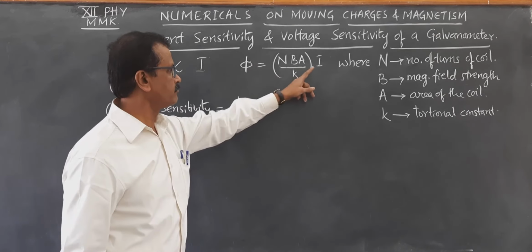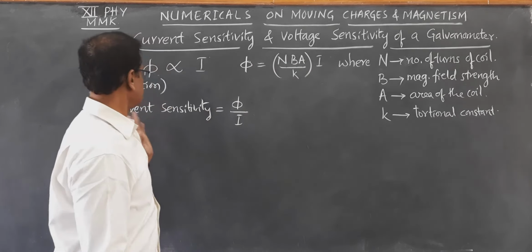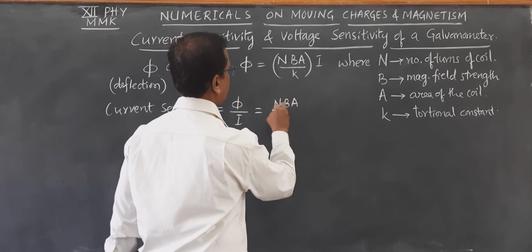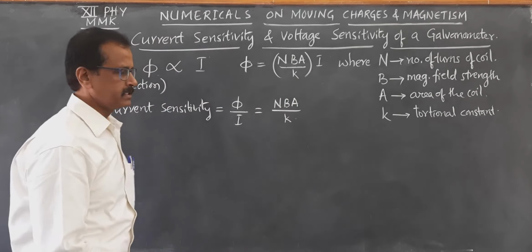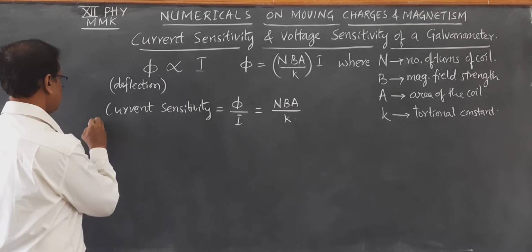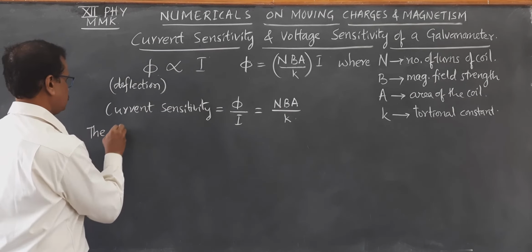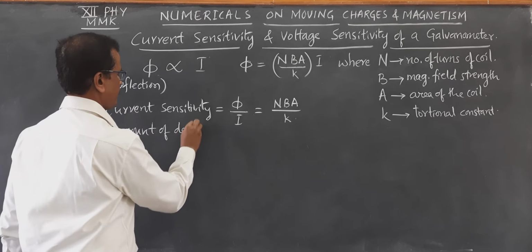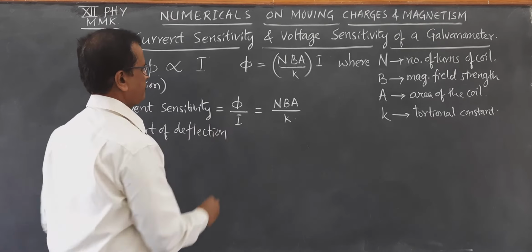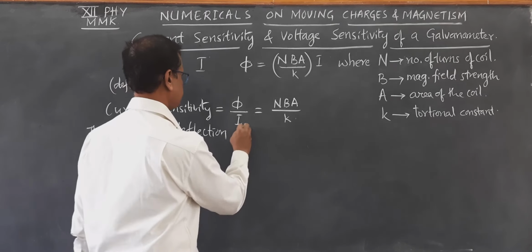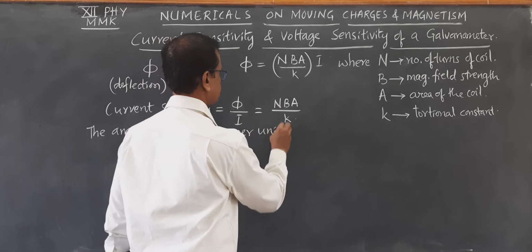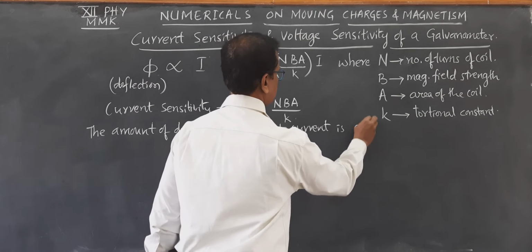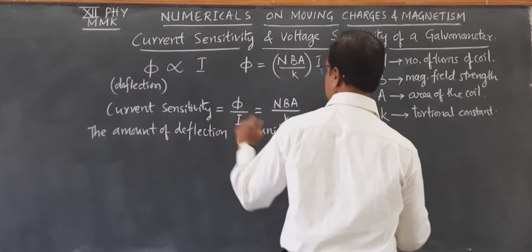If you take the ratio phi by I, this gives us the current sensitivity, which is equal to N B A upon K. So you can define it: the amount of deflection per unit current is called current sensitivity.